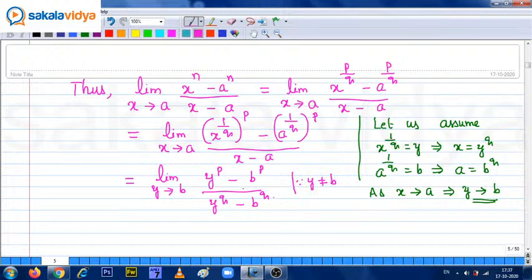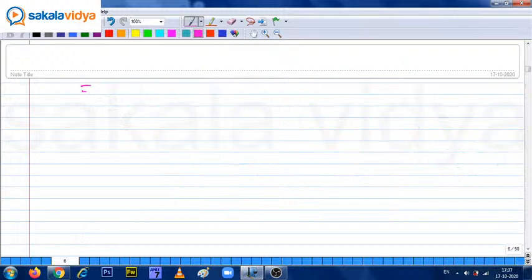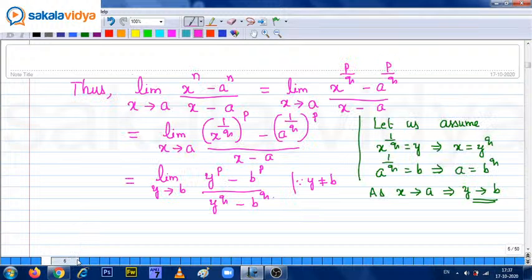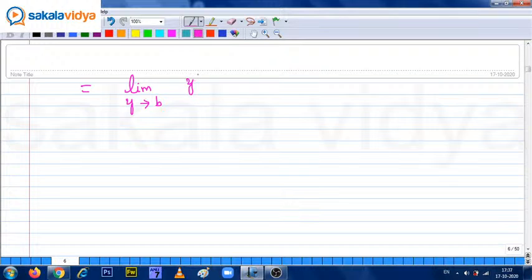Divide both numerator and denominator by y minus b. Limit y tends to b, of y to the power of p minus b to the power of p upon y minus b, divided by y to the power of q minus b to the power of q upon y minus b.